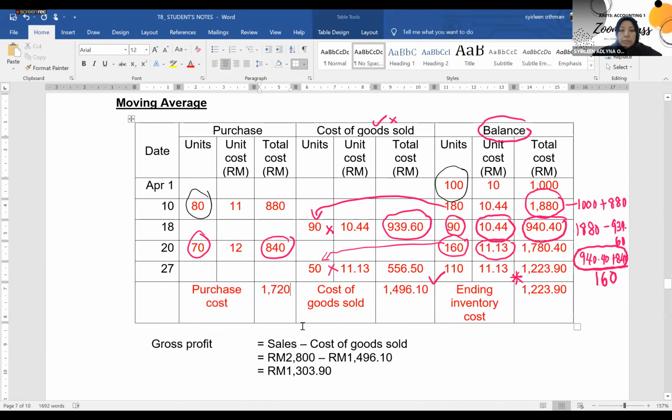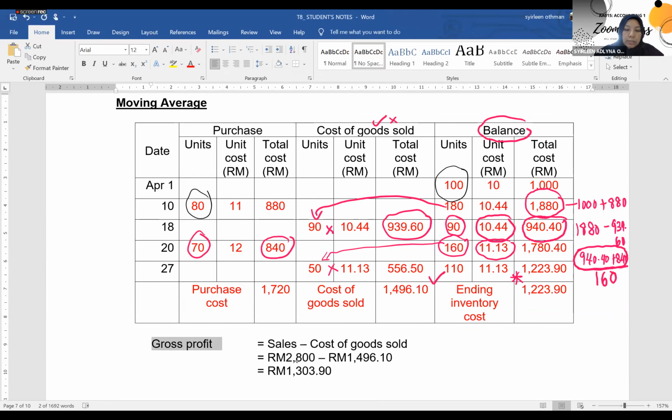Okay, so to get your gross profit, you akan ambil your sales. Okay, sales is your amount yang you calculated previously. So sales untuk FIFO dan juga moving average sama lah. Cuma dekat sini COGS saja berbeza sebab COGS ni taken from here. Okay, so that's how you get 1,303 and 90 cents for your moving average.